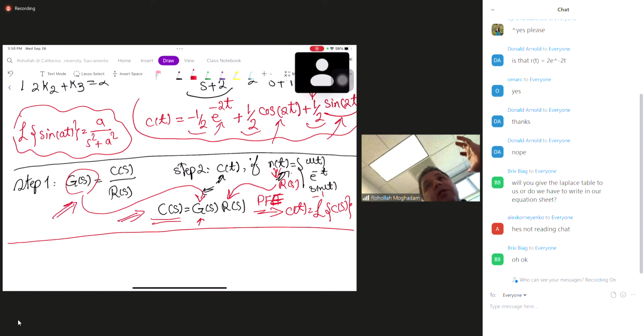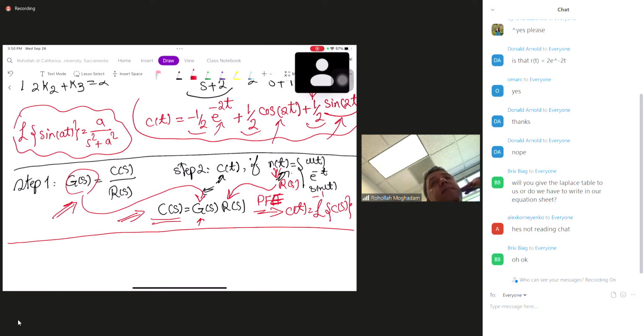Now, it doesn't matter what the order of the transfer function or of the differential equation is. If it is first order, second order, third order, you can just do the same thing. Even in the class, we worked on some problems that had three different real and distinct roots in the denominator, or 4 roots in the denominator.